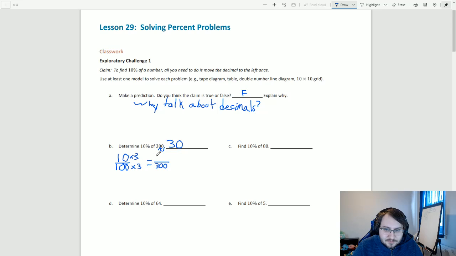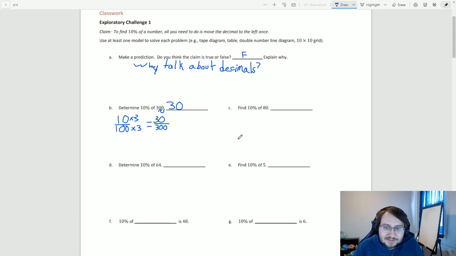And 10 times 3 gives... wait a minute. That gives me 30. Okay, it gives me 30, but that could just be a coincidence. I'm not wrong yet. There's nothing saying that that's going to work for every single one of these. Let's check for C.